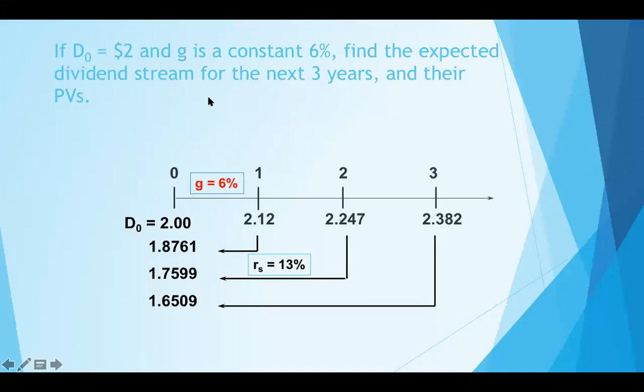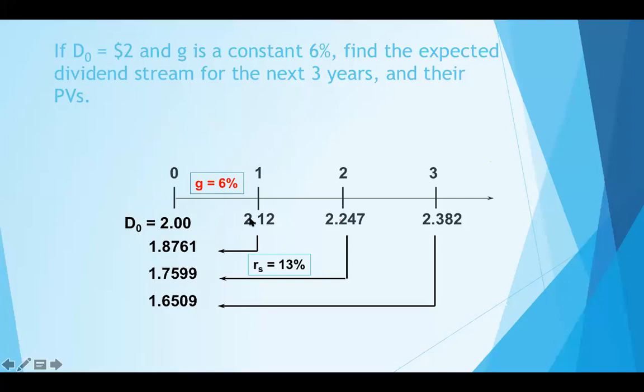So I'm sorry, guys, I couldn't write properly, so I tried to explain here. I prefer to write on the board, but unfortunately, it's not possible. So if this year's dividend is 2, and the growth rate is a constant 6%, then next year's dividend should be 6% more than this year's dividend.